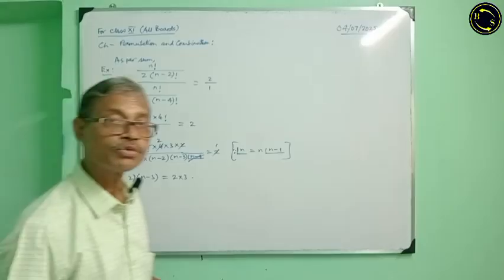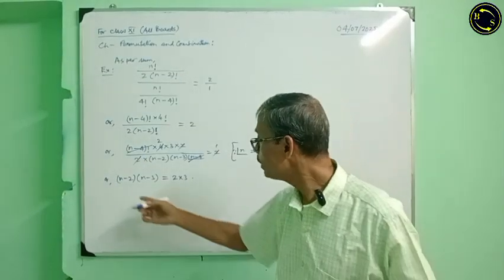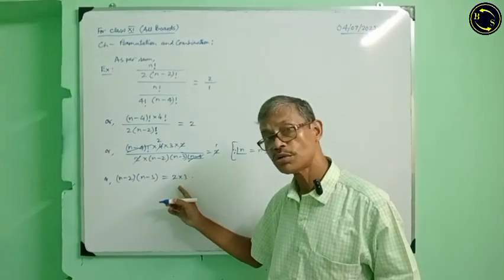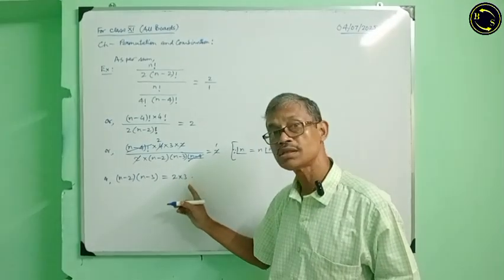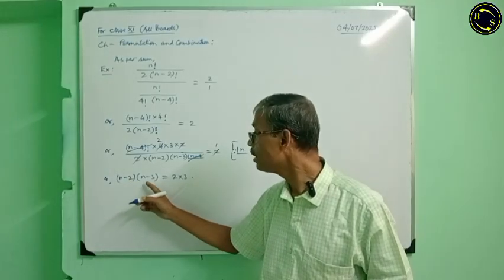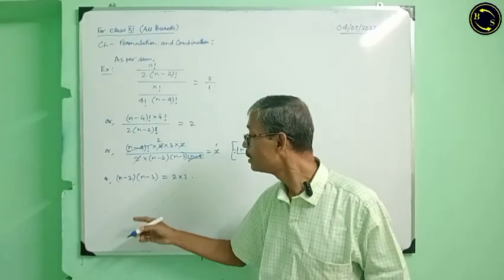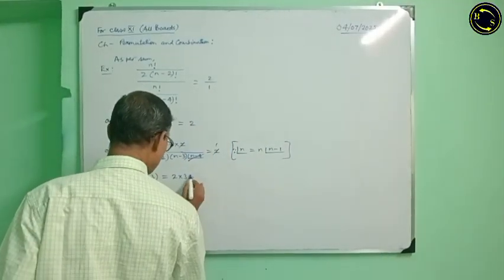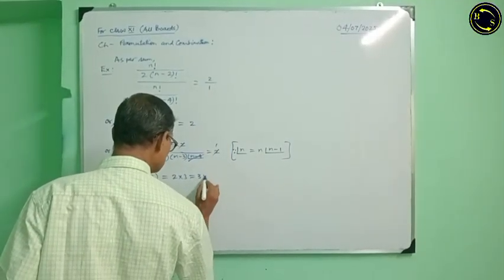Now you see the left side is product of two successive numbers. Also right side is product of two successive numbers. Now n minus 2, n minus 3. Which one is greater? n minus 2 will be greater. I write this in reverse order.